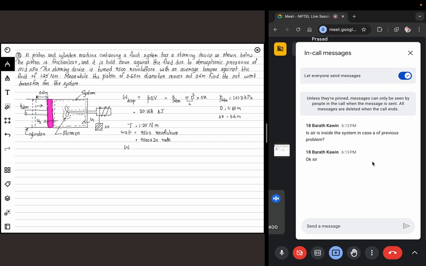So the work done by the, I'm just calling it stirrer, will be this torque times omega times delta t. So just substitute it. That will be around 74.612 kilojoule. So is it work done on the system or by the system?